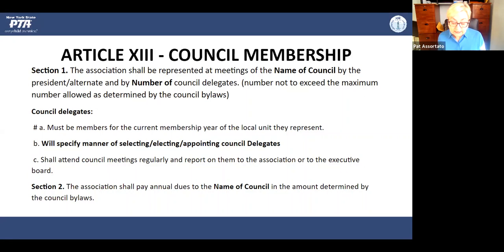In choosing less delegates, understand that you are depriving your unit of an equal voice in the council. Be aware that the number of delegates specified in your bylaws is the maximum number of delegates your unit can have, even if the number in the council bylaws is more. Ideally, the unit and council bylaws should specify the same number.